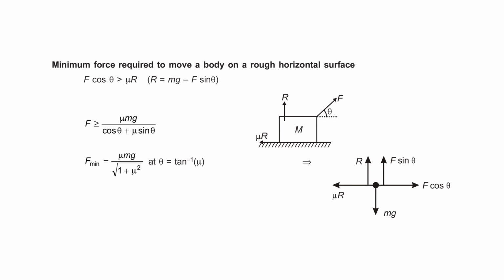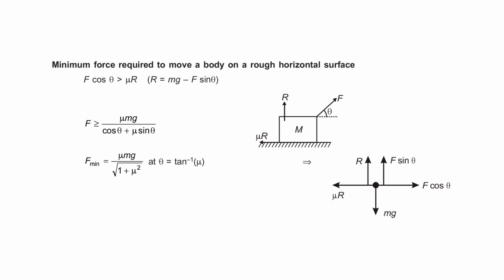Now let us move on to the next subheading. Minimum force required to move a body on a rough horizontal surface. Please refer to the image on screen. F cos theta greater than mu R, where the value of R is equal to mg minus F sin theta.